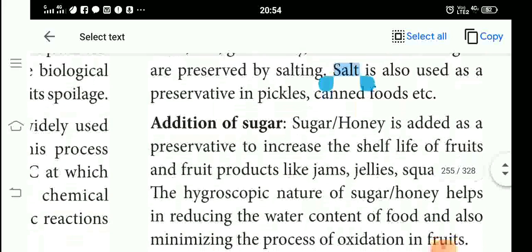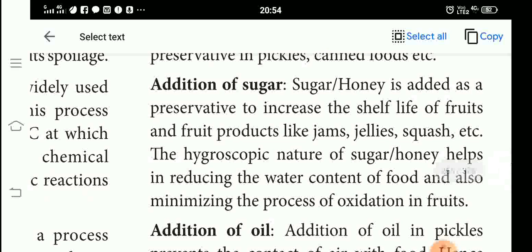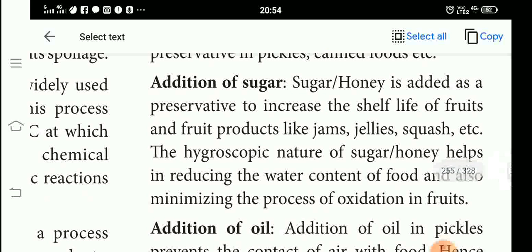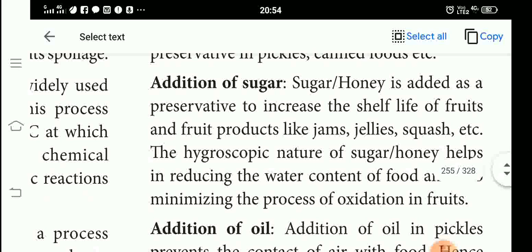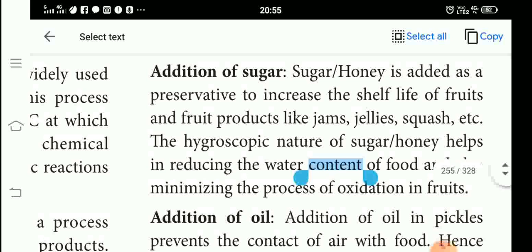Okay, then sugar and honey are also added as preservatives to increase the shelf life of fruits and fruit products. Like how in pickle we are using salt, in sweets we are using sugar. For example, jams, jellies and squashes.